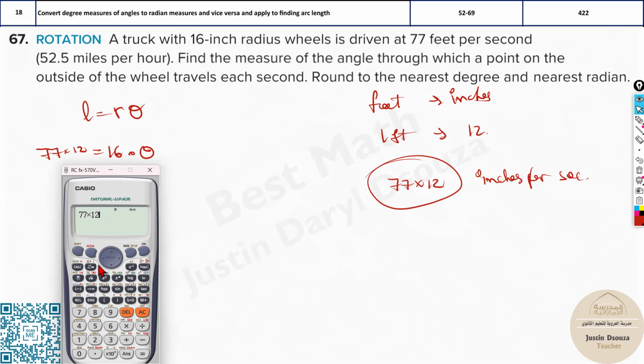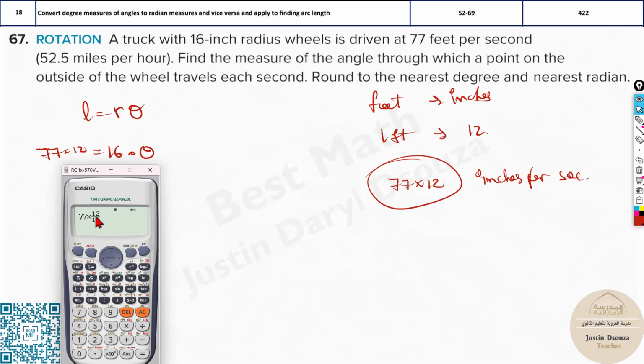77 multiplied by 12 equals, that is the L equal to 16 multiplied by x, that is the theta value, you get the answer here, 57.75. Or, if you don't want to put that x and everything, 77 by 12 divided by 16.